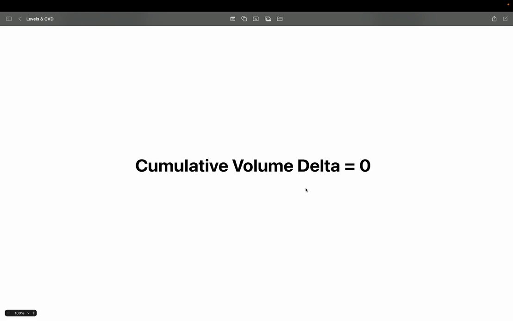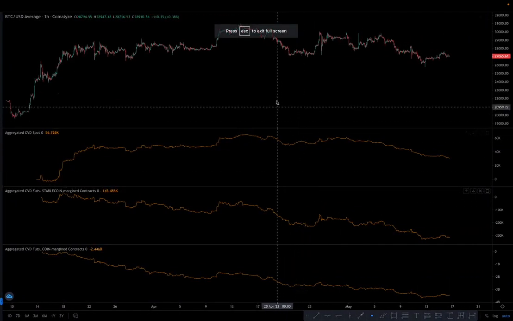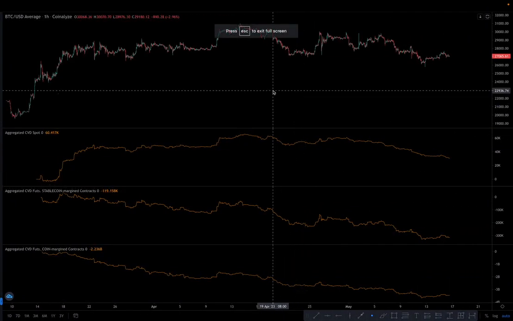So in coinalyze.net, which is where I track this data, you can view CVD in a number of different ways. You can look at either the aggregated, the total of all exchanges, or you can look at individual CVDs. So aggregated is the view that gives you the entire market.